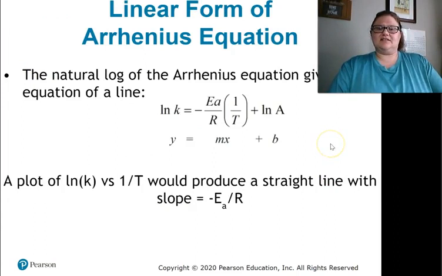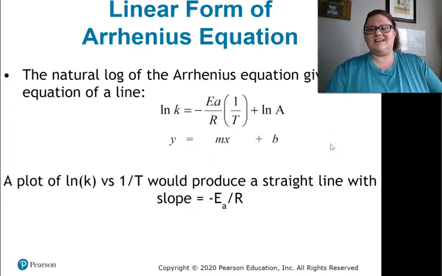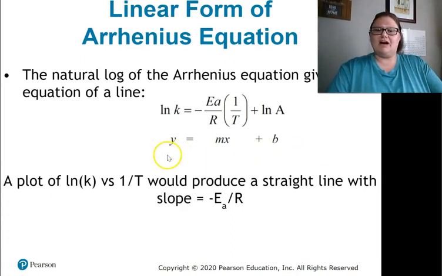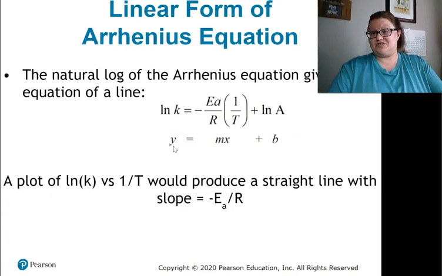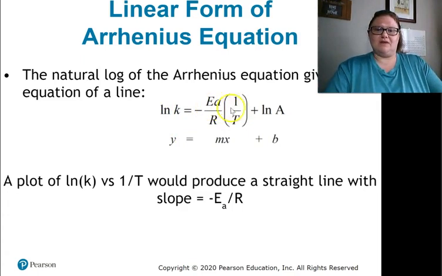Let's see, we can take the natural log of this equation, and yeah, it does look kind of messy, but we can then say that this now represents the equation of a straight line. We could say that the natural log of the constant here could be our y, and then we see an equal sign. We have two terms multiplied by each other.